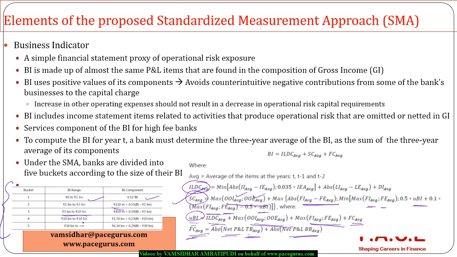Similarly, if the business indicator is between 3 billion to 10 billion, this works out to 410 million plus 0.19 times again whatever is the excess over 3 billion. So it goes like this. Which talks about how much should be the portion of the BI as a part of your operational risk capital.